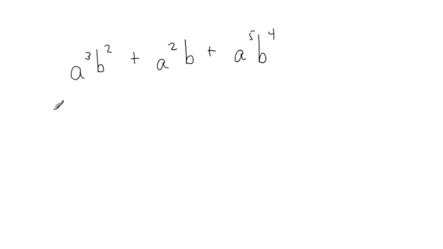Now, we cannot factor out more factors than a monomial has. So the first monomial has only 3 factors of a that could possibly be factored out. The second monomial has fewer factors of a, only 2 factors of a that I could factor out, while the third monomial has 5 factors of a.